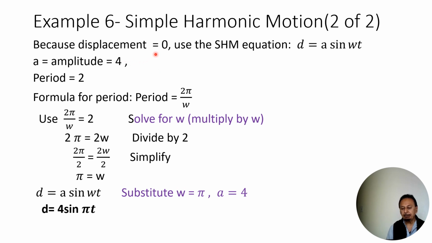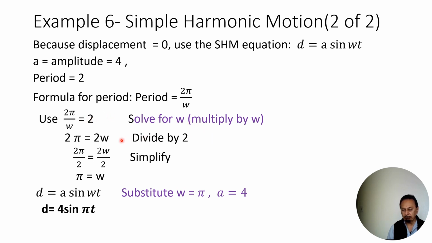Because the displacement is 0, we should use the simple harmonic equation d equals a sine wt. So a is the amplitude and the period is 2. We need to find w. Use the formula for the period. The period formula is 2 pi over w. So we can equate this 2 pi over w with the period 2. Now we solve for w.